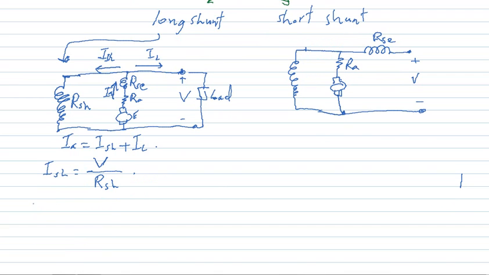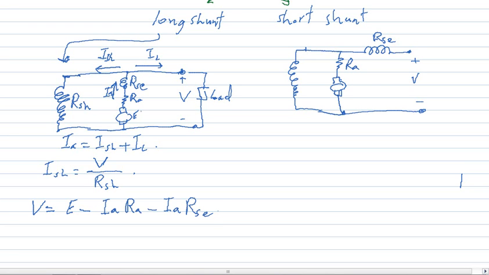عندنا معادلة الفولتج، V terminal voltage حتساوي الفولتج المتولدة, voltage induced between the armature winding between the brushes, minus the voltage drop on the armature resistance, minus the voltage drop on the series resistance, series field resistance, which is this one.